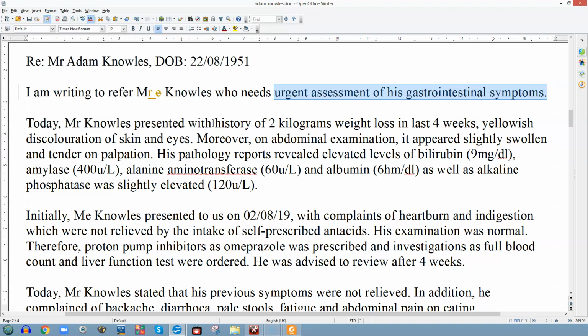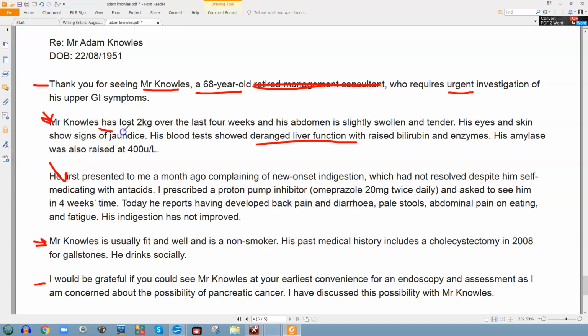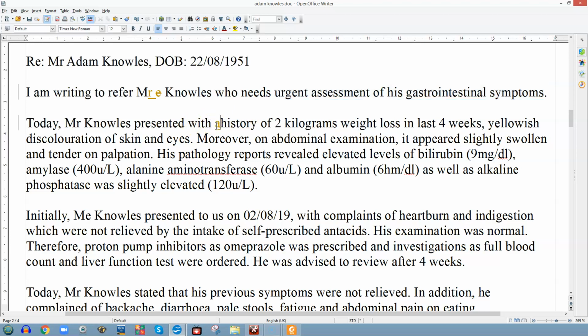Now, if you look at these, for example, simply, you can do it like that. Has lost 2 kilograms over the last 4 weeks. So you can put a history of, or presented complaining of, presented with a 2 kilogram weight loss in the last 4 weeks.